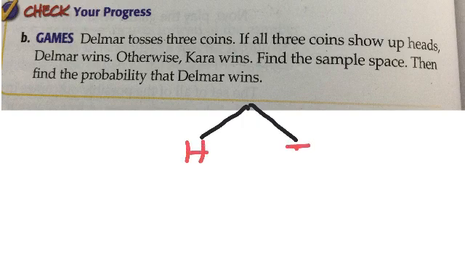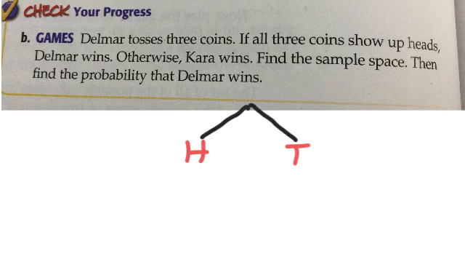There are heads and tails. Right, because when we flip the first coin, we can't already determine if Delmar or Cara wins. They're not choosing the winner till after all 3 are flipped. So the first possibility, you could have heads and you could have tails.